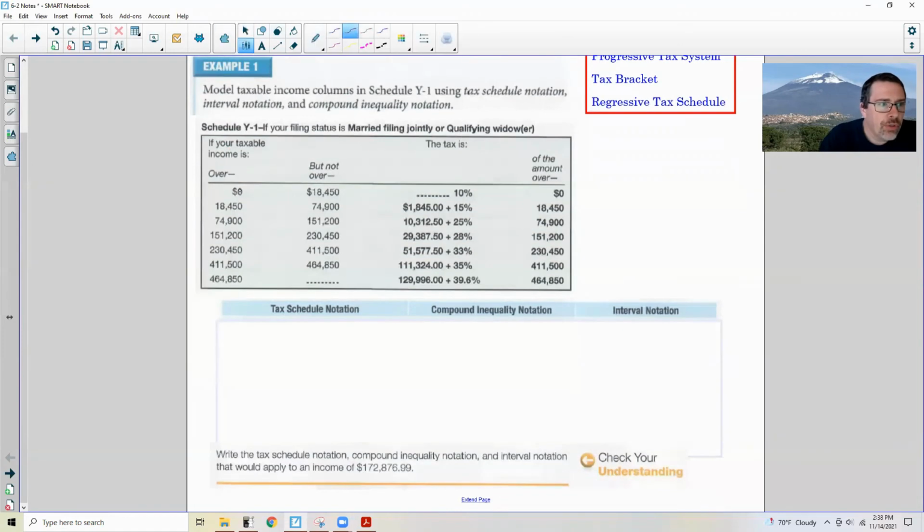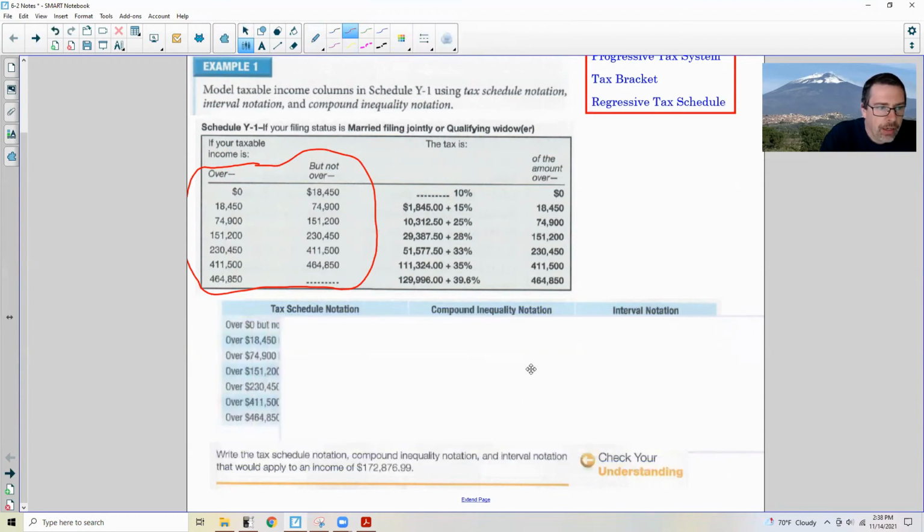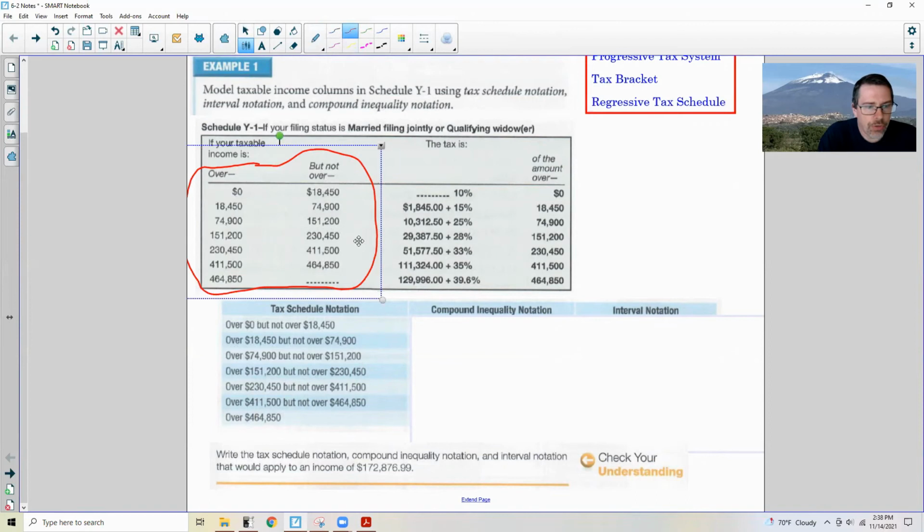If I were to get rid of this box or change its shape and move this over like so, all this says is over 0, but not over this. Over this, but not over this, and that's all you keep repeating. That is tax schedule notation.